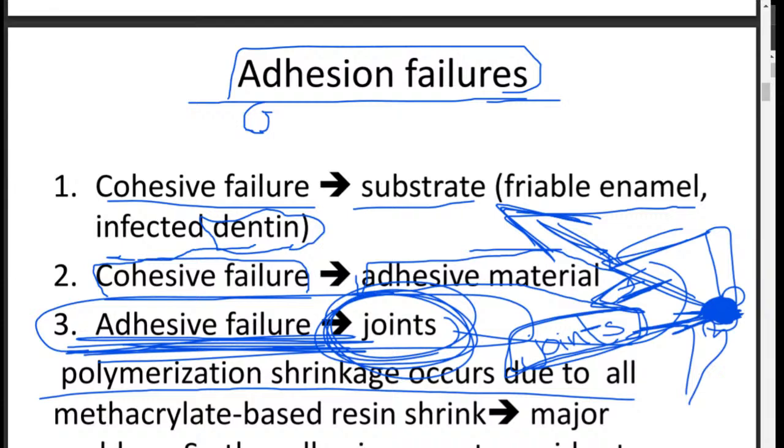Polymerization shrinkage occurs due to all methacrylate-based resin shrinkage. It is a major problem, so the adhesive must provide strong bond to resist stress of resin shrinkage.